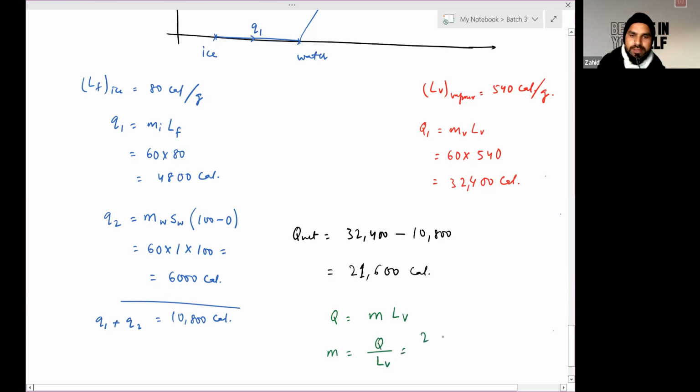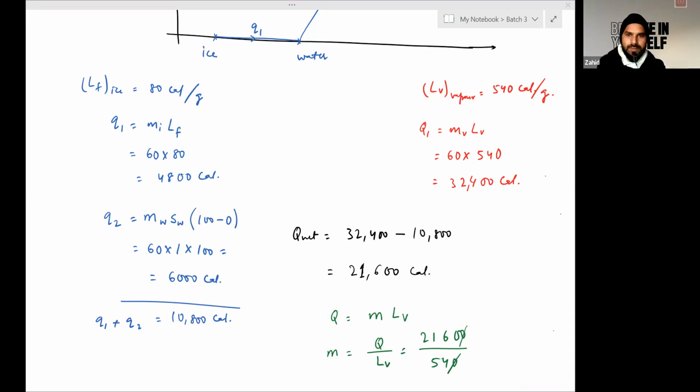So Q is 21600, latent heat of vaporization is 540. So this 0 and this 0 will cancel out. Just divide this part and you'll get your answer. 2160 divided by 54, you'll get 40 gram.